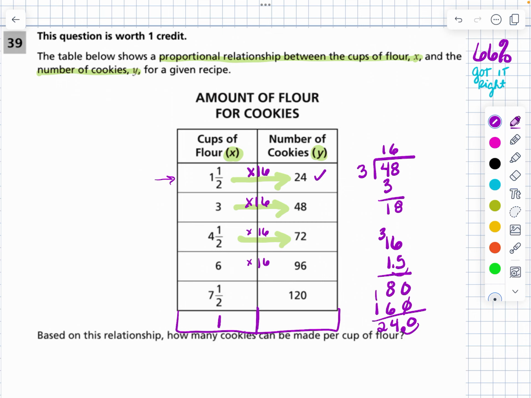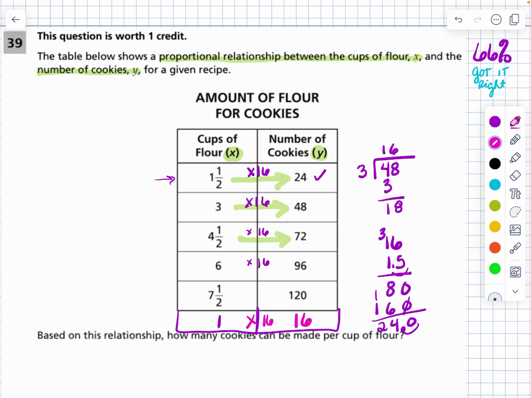If I had 1 cup of flour and all of these things are proportional, I should be able to say 1 times 16 to get the number of cookies, which is going to be 16. That should be the answer, right?